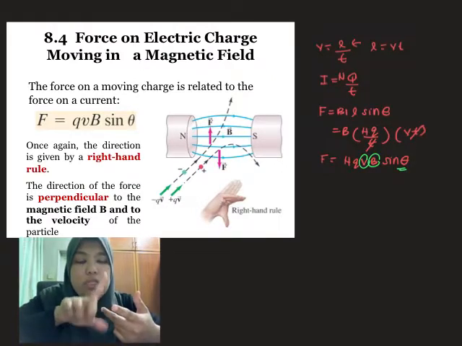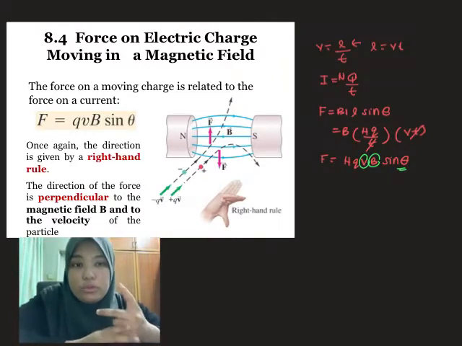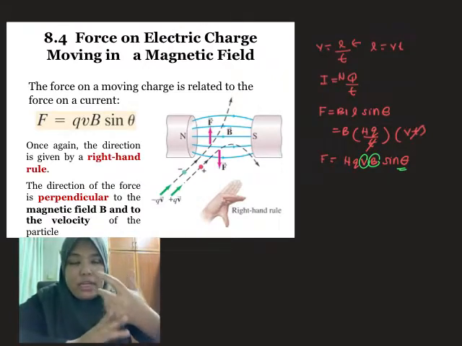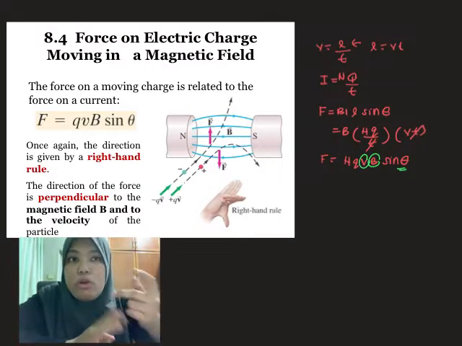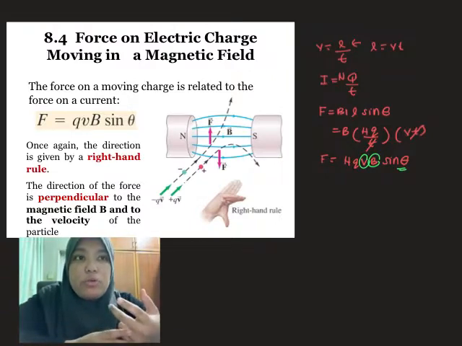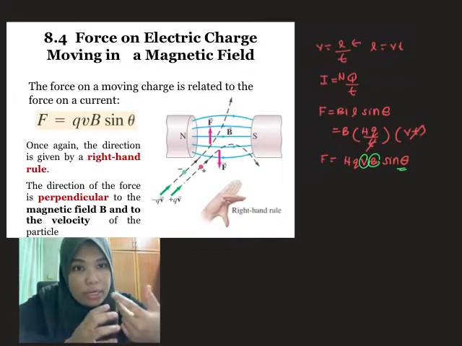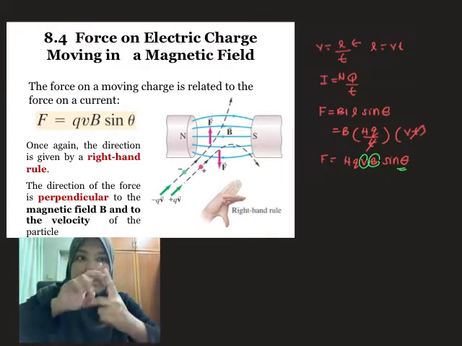Now you are going to change the current to the velocity. But the thing you need to know is the second right hand rule can only be used for the direction of conventional current flow, which is from positive to negative. For example, if you need to find the direction of the magnetic force for an electron or any negative charge, you need to change that v to the opposite direction.